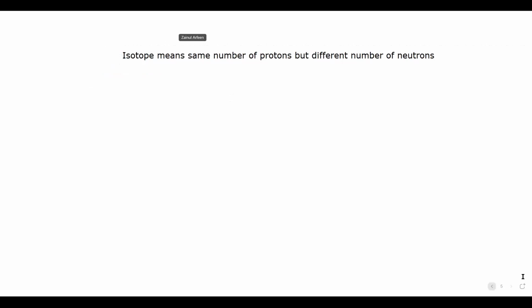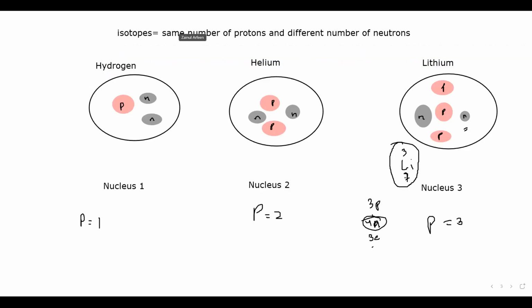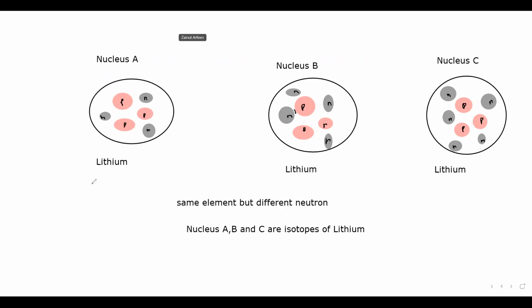In the first example, we had a different number of protons. This one had one proton, this one two protons, this one three protons. So why did we not say they are isotopes? Because they have different numbers of protons. To be an isotope, they should have the same number of protons. As you can see, nucleus A has three protons, nucleus B has three protons, and nucleus C has three protons.